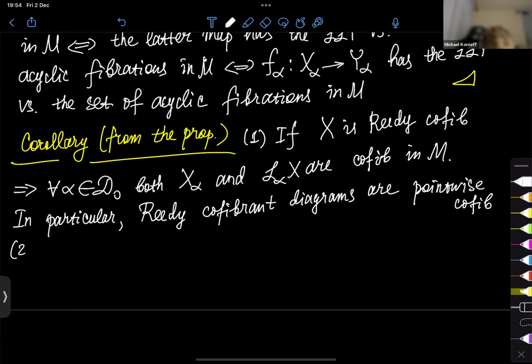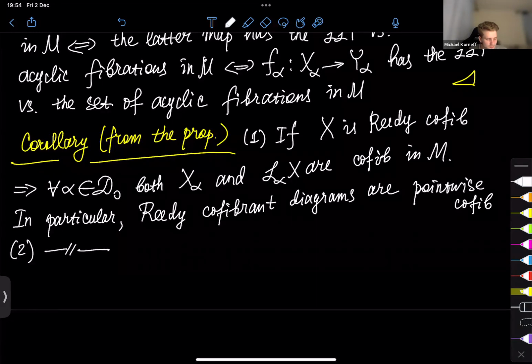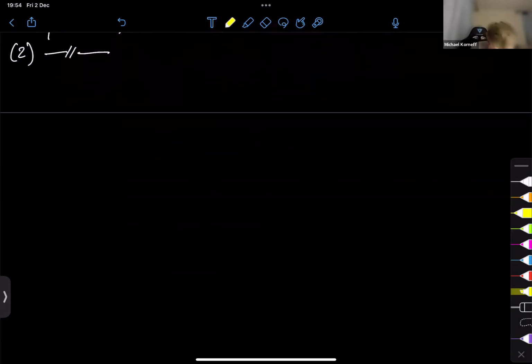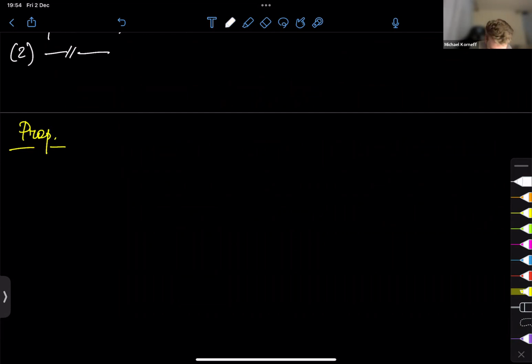And the second point is dual to the first one, and the proof obviously follows from the previous proposition. Okay. Now I want to give another proposition.